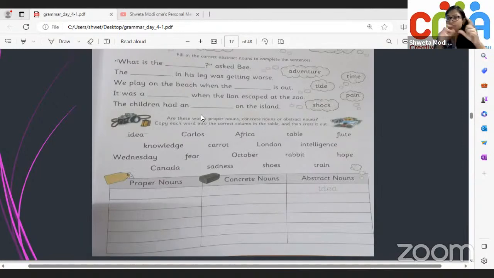The grade 1 child was doing that paper camera activity and was being told that if you can draw, if you can touch, it's a common noun. But here we are having three categories. One is always with a capital because it's a special name given to a concrete noun. You can say it's actually a concrete noun, but it's given a special name, so that has been put as proper noun. And then we have two categories: if you can see or if you cannot see. If you can see, concrete; if you cannot see, abstract, which you can experience. Is that clear, Komal?